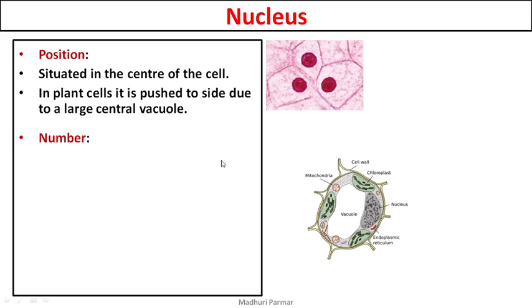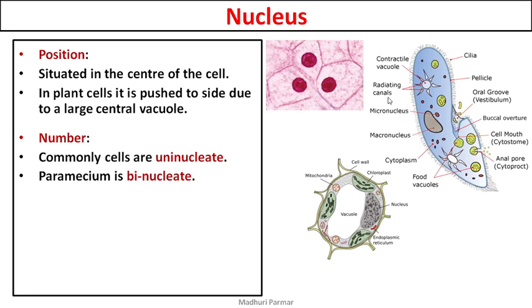Then, the number of nuclei. Commonly, all the normal cells are uninucleate or mononucleate, meaning having one nucleus. They have a single nucleus present inside. Then you have some organisms which are binucleate, which means they have two nuclei. An example is paramecium.